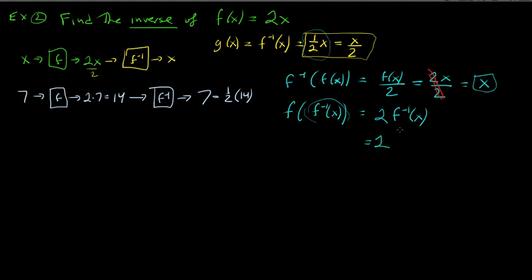It's just 1/2 x, or x divided by 2. Well, remember, you can multiply in any order. You can do 2 times 1/2 times x, or 2 divided by 2 times x. 2 divided by 2 is 1. 1 times x is just x. So sure enough, you just get back your original x, right?